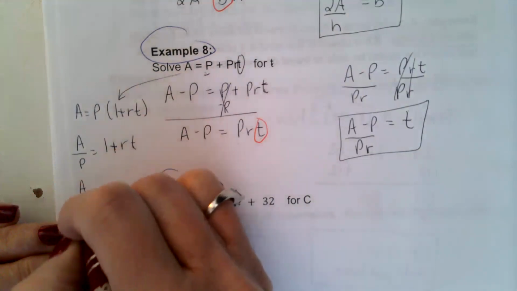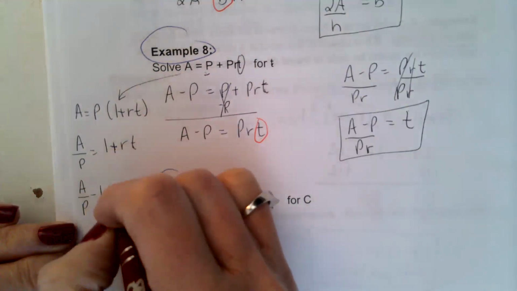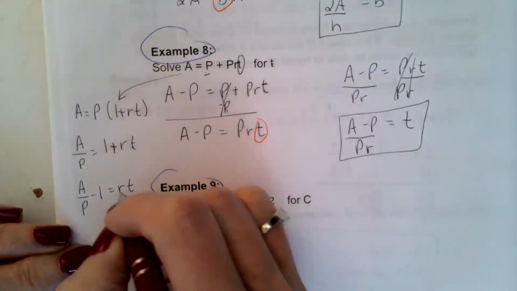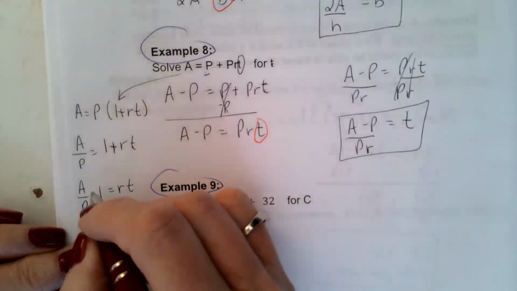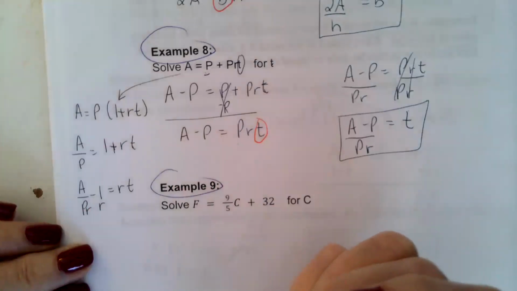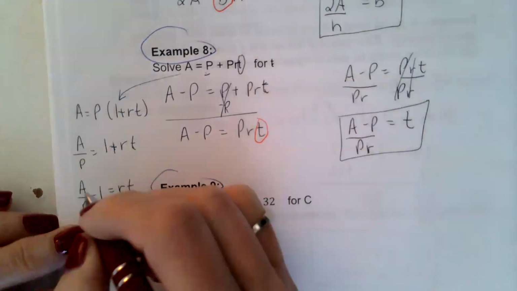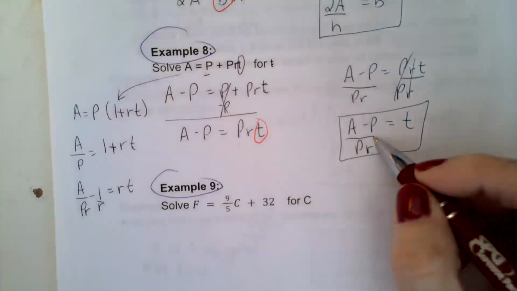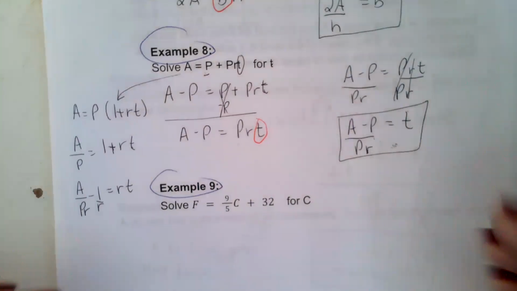So A over P minus 1 equals RT. And then you'd have to divide by R. So we would have had something like that. But this one right here is just fine.